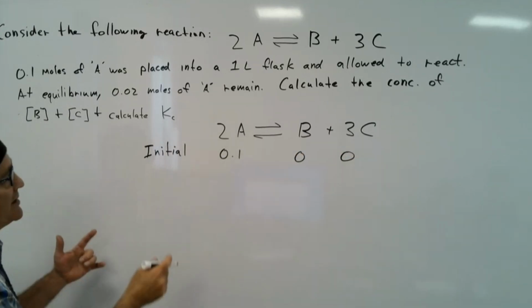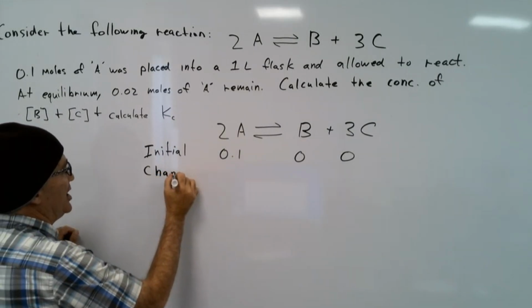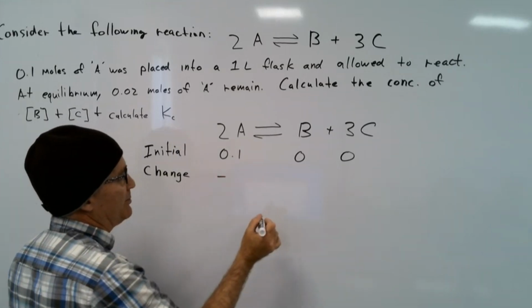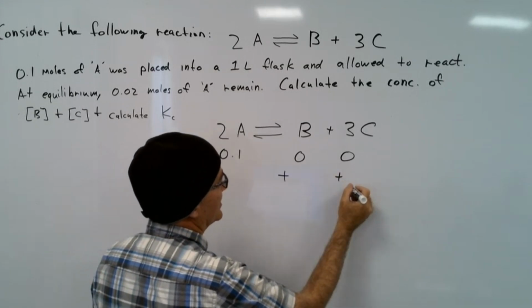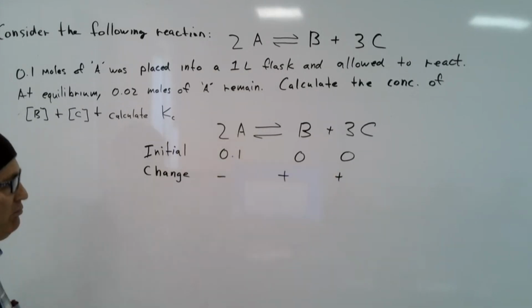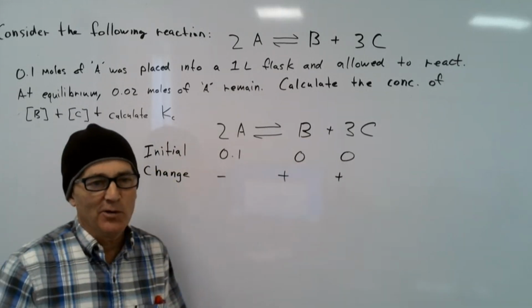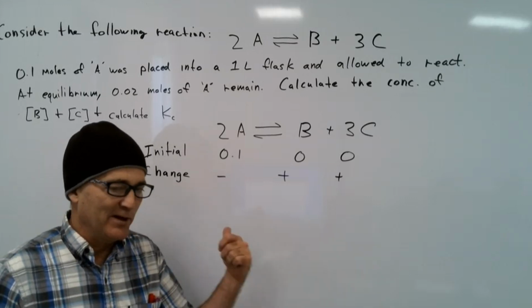All right, and then it says A was allowed to react, so that causes a change. So the first thing we might figure out is some A disappears, so I'm going to put a minus sign. Some B appears, and some C appears. So I'm going to focus on B for a second, and I'm going to say, I don't know how much B forms, and when we don't know how much something forms, what's our favorite variable?